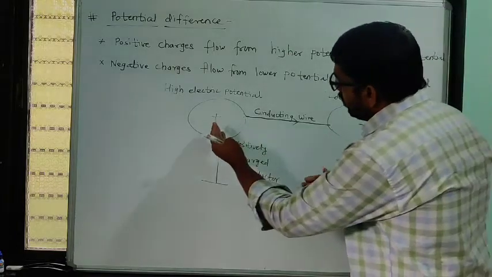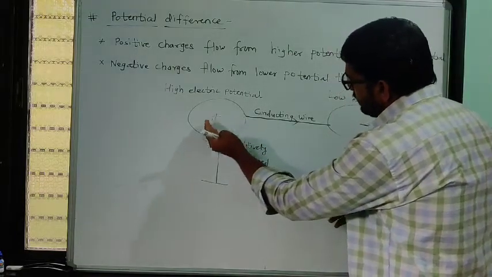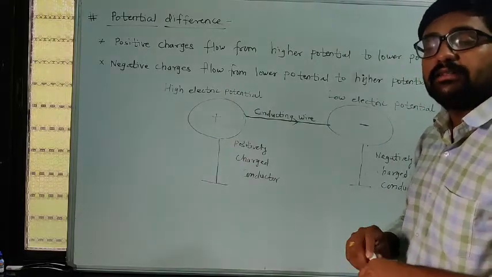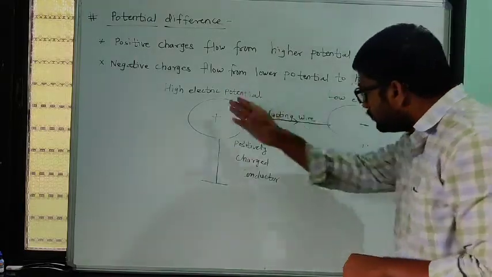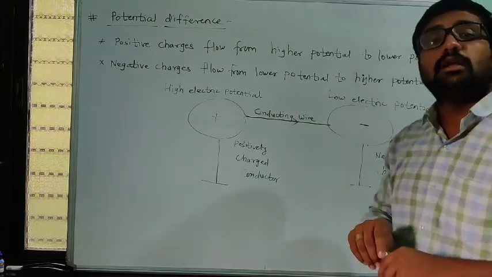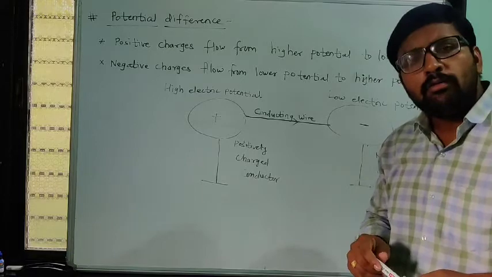So transmission of positive charges takes place from here to here, and transmission of negative charges takes place from here to here. Now, how long does this transmission continue?